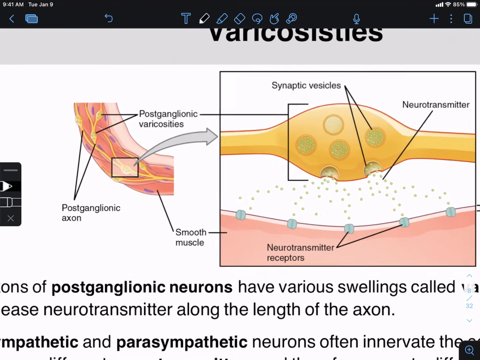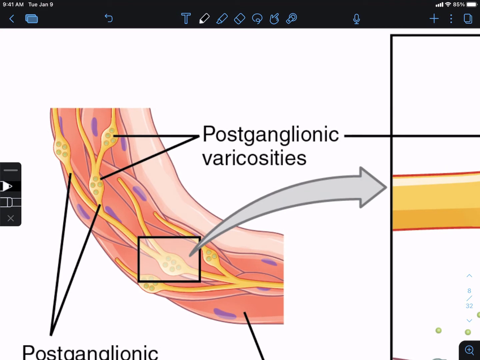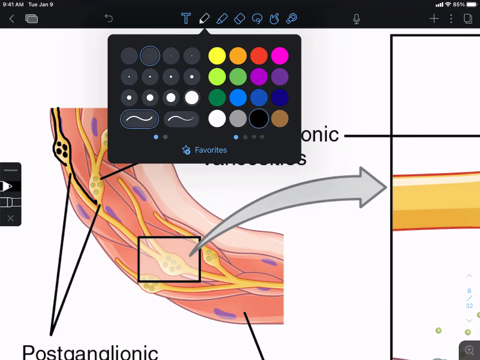I want to draw your attention to this picture right here first before we look at the other one. Notice that we have essentially an axon that weaves its way through, in this case, smooth muscle. And the axon continues. There's a swollen region, and in that swollen region, which I am copying here with these little circles, those are synaptic vesicles.